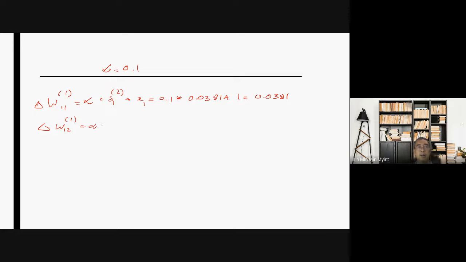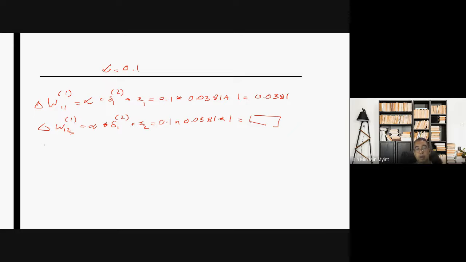Similarly, this one we can calculate also. The same alpha multiplied with sigma 1, 2, multiplied with H2, because this is input 2. So that's why we have to write H2. That means 0.1 multiplied with 0.0381 multiplied with 1. So we work out the same weight here.